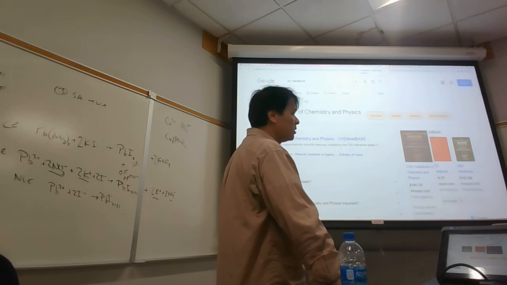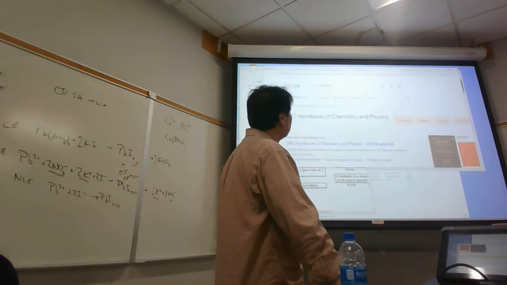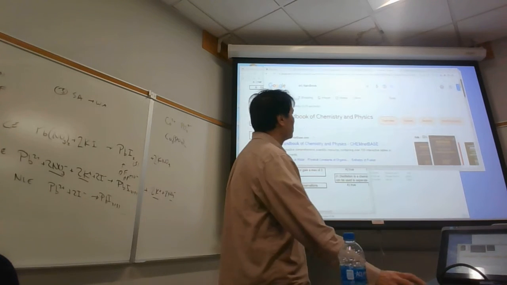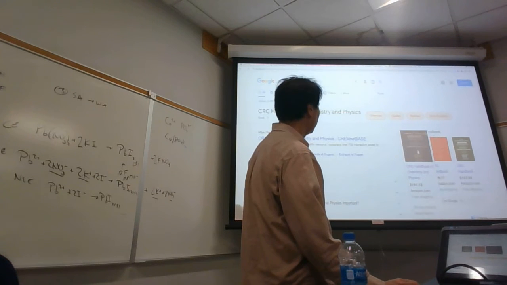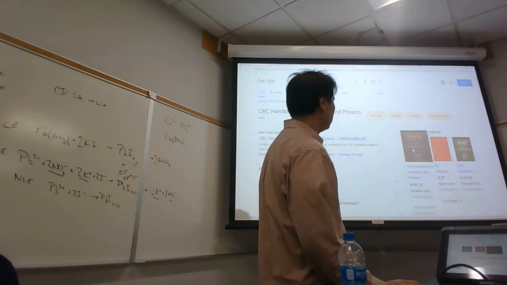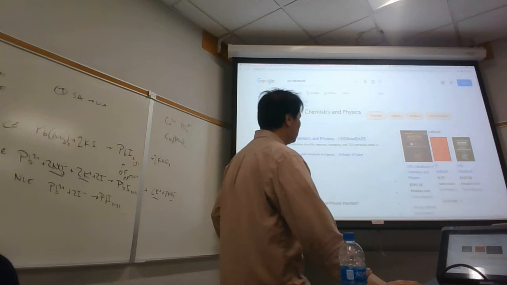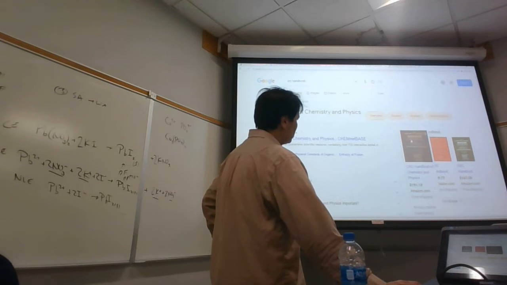Here they'll have the solubility data. They have this at the library. Wikipedia is similar. The format of the entries in Wikipedia is similar to the data that you find in the CRC Handbook.